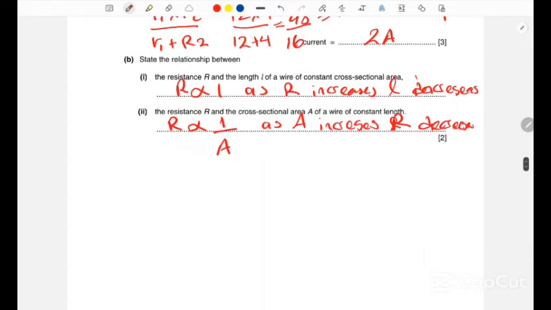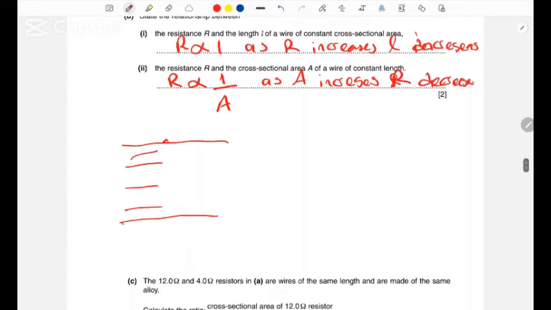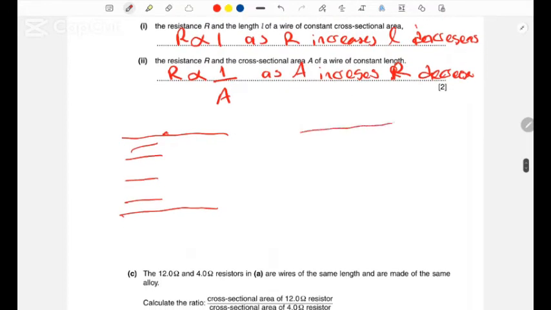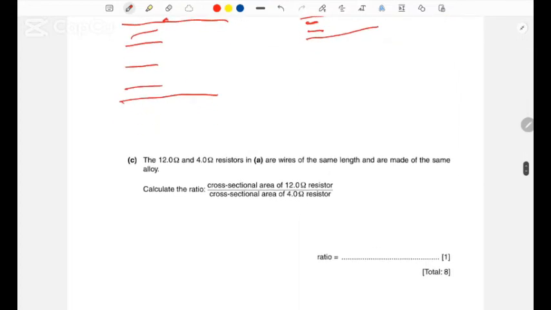As I have explained before, if you have a thicker wire, that means more electrons can pass through, so resistance decreases as the current increases. But if we have a thinner wire, fewer electrons would flow, so that means resistance is going to increase.